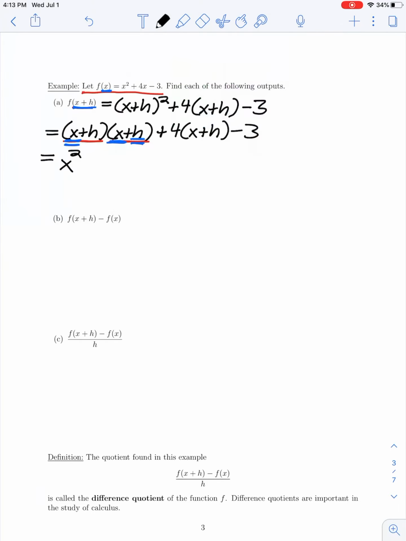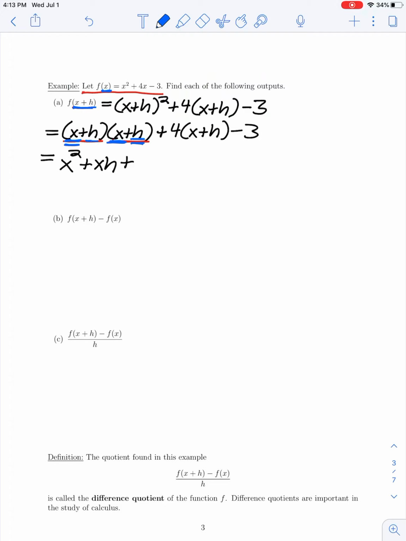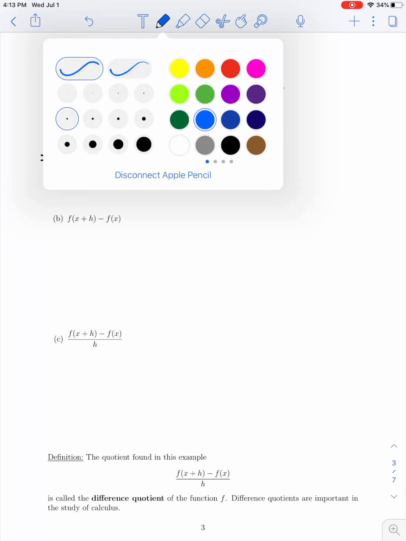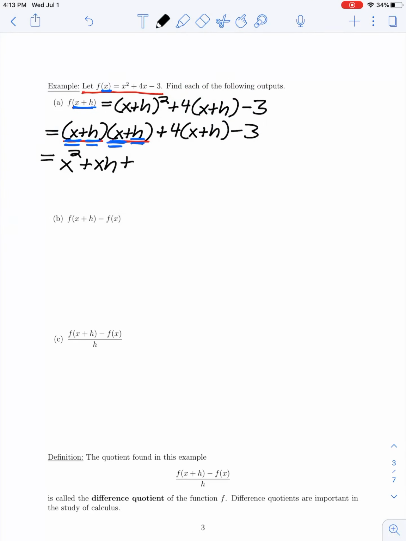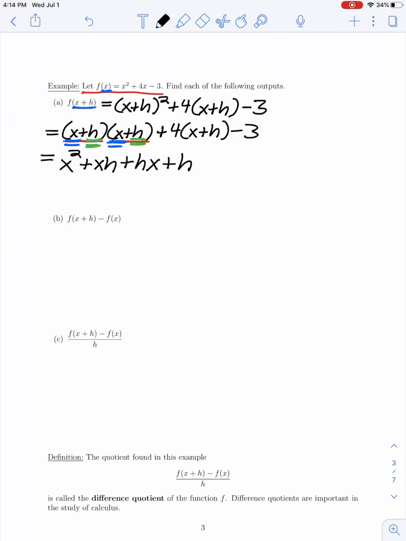So we have plus x times h, plus we would then take the product of the inner two factors, that is h with x. So we have h times x, and then plus the product of the last two terms, h with itself, would leave us an h squared.